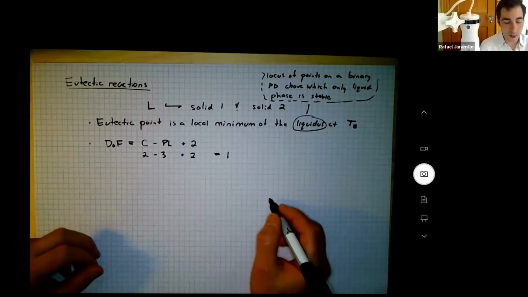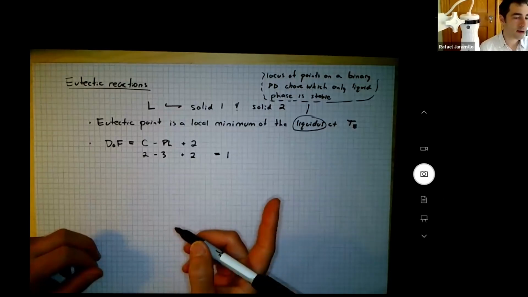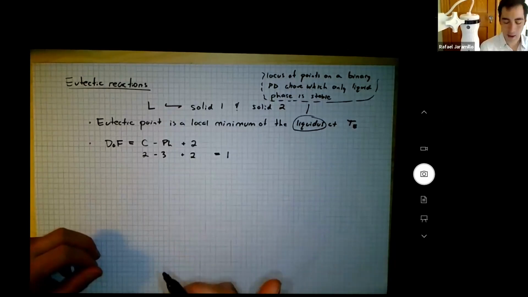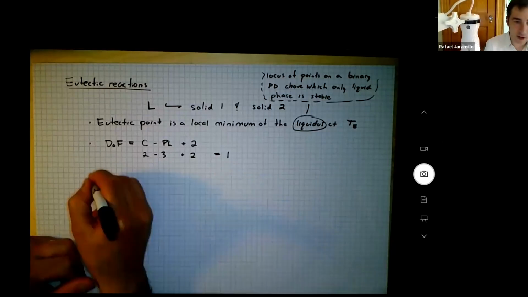And that's weird because it's a point, right? It's a point, like a triple point was a point. A point should have 0 degrees of freedom. What's with 1 degree of freedom? Does anyone have a guess as to where that degree of freedom is in the phase diagram?